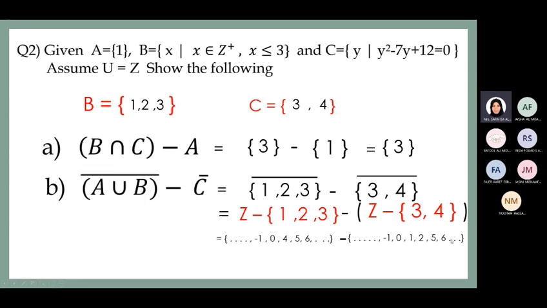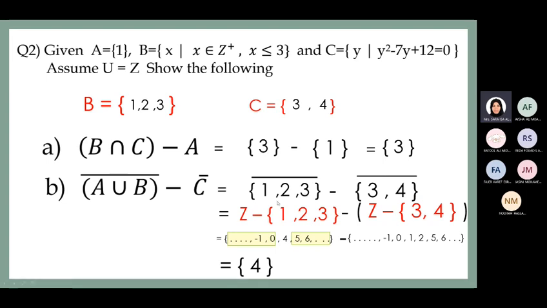Now I will remove this set from here. What is left is my answer. The integers from 0 to minus infinity will be removed because they are already here. 1 and 2 are not there, so I will not remove them. 5, 6 to plus infinity will also be removed. So what is left is only the number 4. So the result will be the number 4.